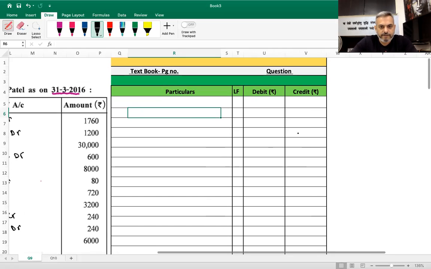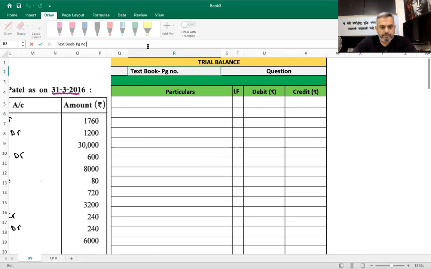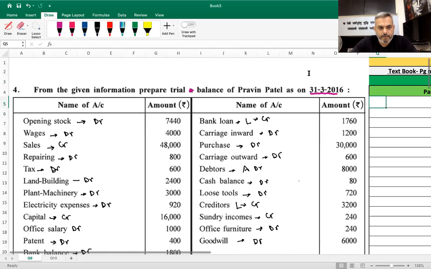Okay, now let's write the heading. Trial balance, page number 260, question number 4. Let's start one by one.